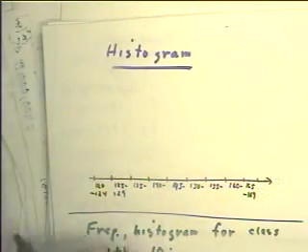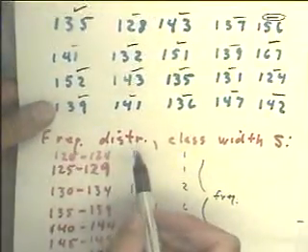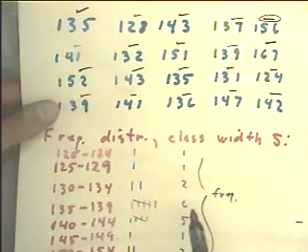Okay, now remember in the 120 to 124 range we had one occurrence, one in the next range, then two, then 6, then 5.